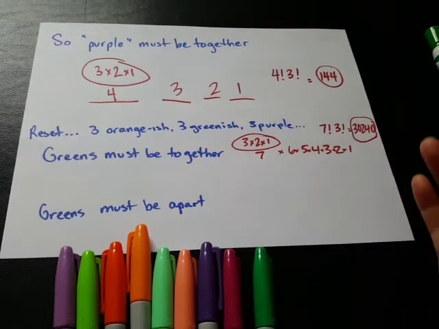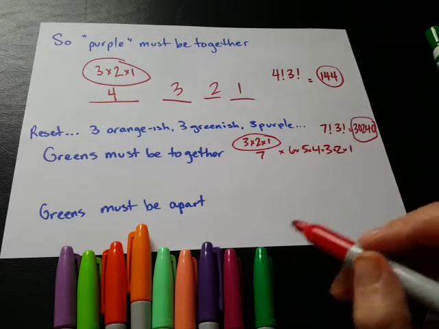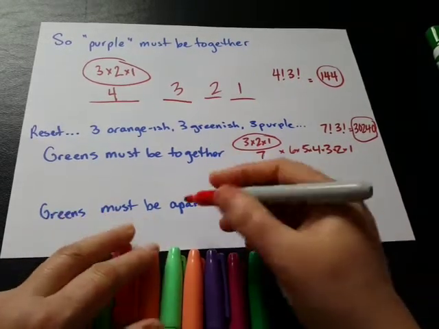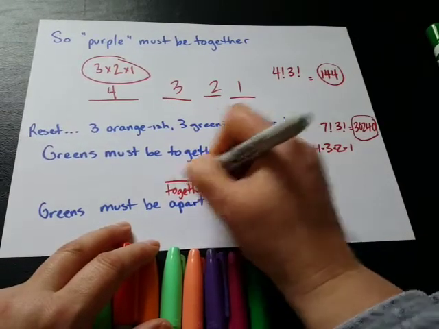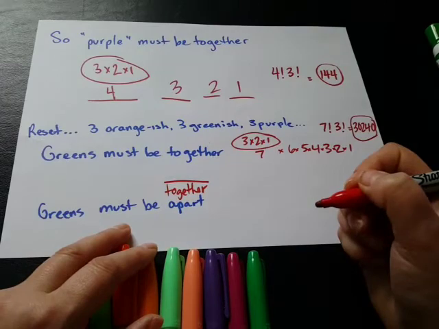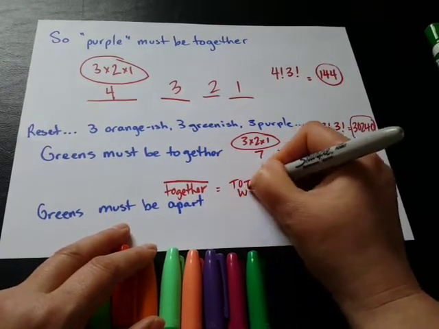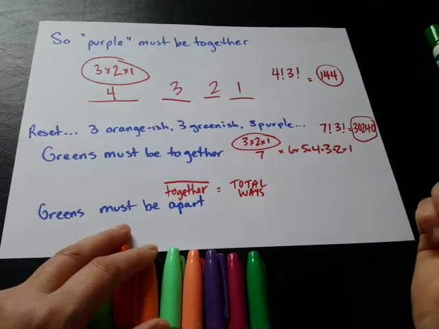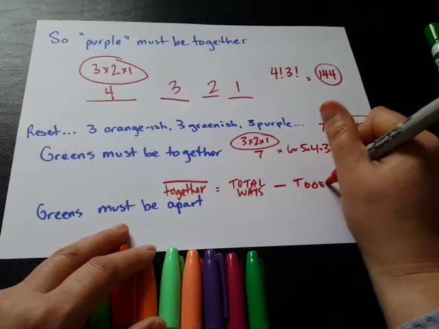We can't directly calculate it, but we can indirectly using the complement. Because the word apart is like saying together, but not together. So what we need to know is the total ways of them being, and we can subtract off the total ways that they are together.